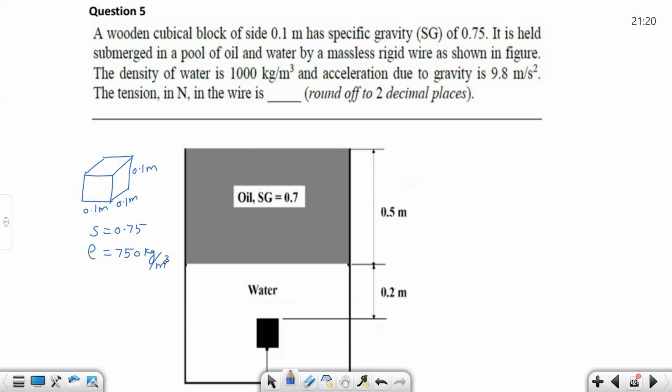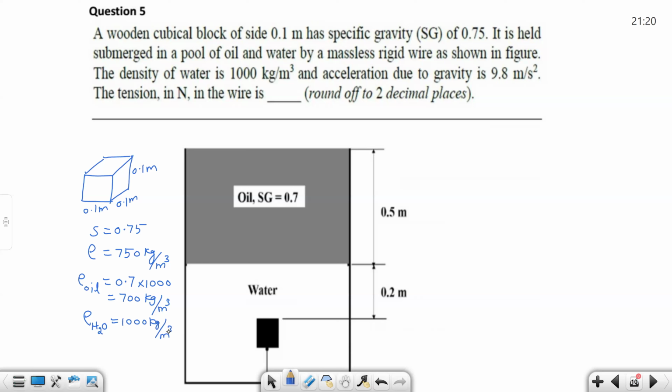So now from the given data, the oil density is 0.7 into 1000, 700 kg per meter cube. Then you have water, 1000 kg per meter cube. Okay.